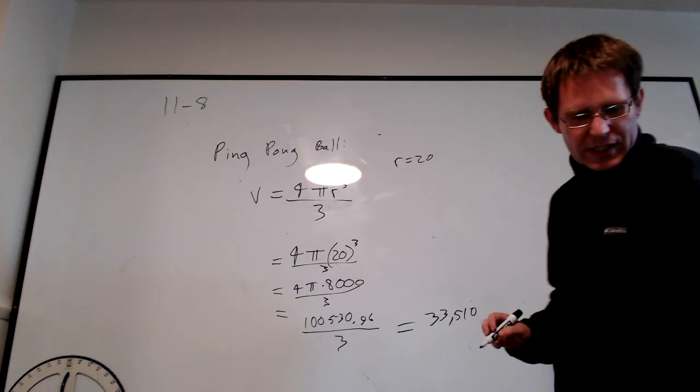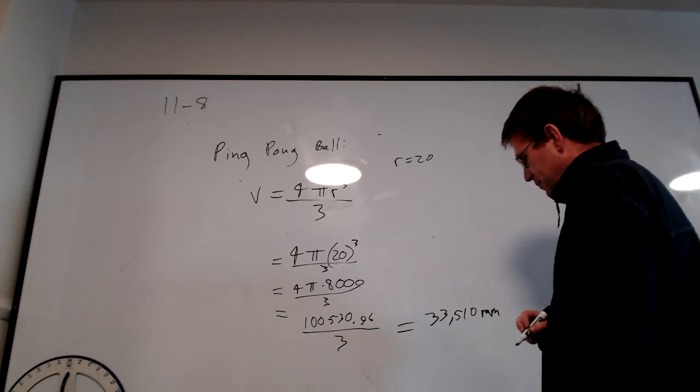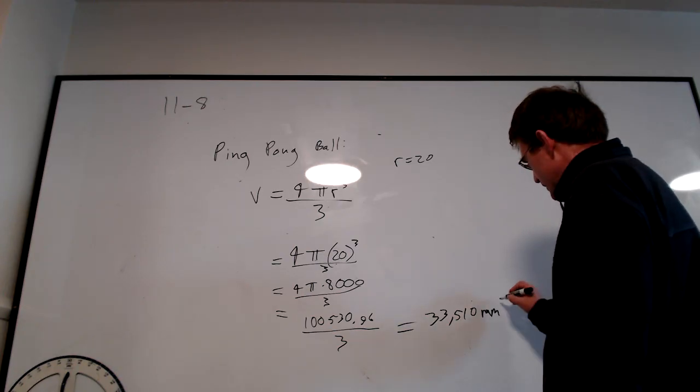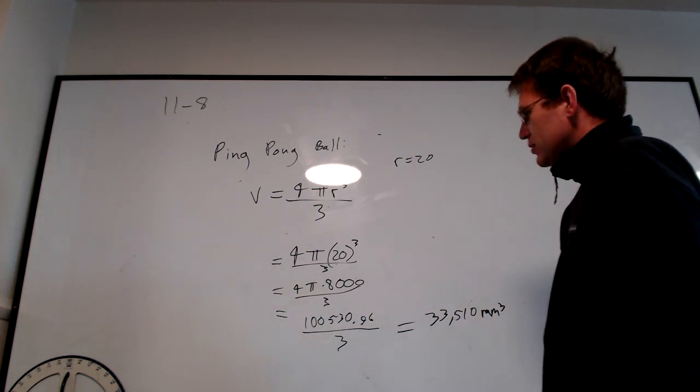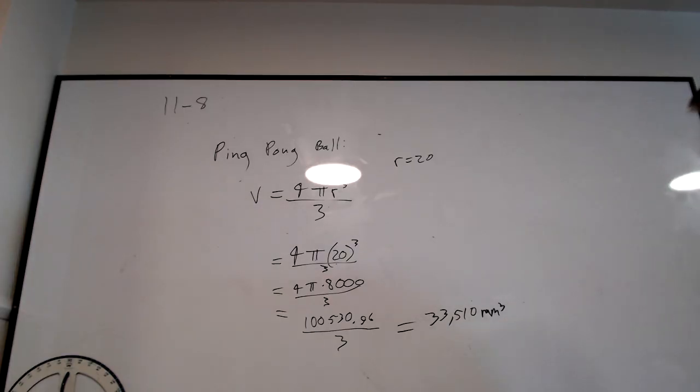Okay, and this is going to be millimeters, right? And to what power? Third, because we're doing the volume, so we're looking for little sugar cubes that are 1 millimeter by 1 millimeter. I think that's pretty small, isn't it? Very, very small. That makes sense because the ping pong ball is quite small.